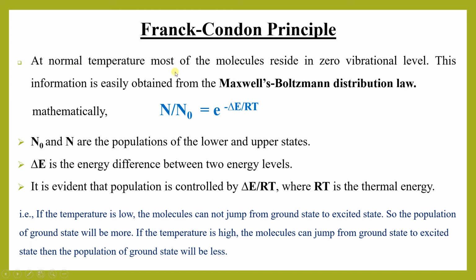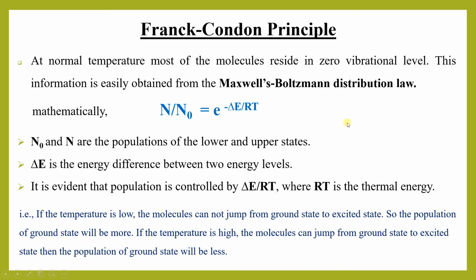So at normal temperature, most of the molecules reside in the zero vibrational level. This information is easily obtained from the Maxwell-Boltzmann distribution law. Mathematically it is represented as n by n naught is equal to e to the power of minus delta E divided by RT. According to the Boltzmann distribution law, the molecules are distributed between the ground state and the excited state.